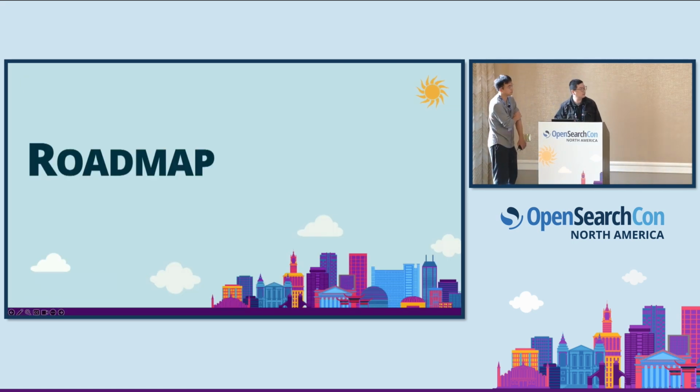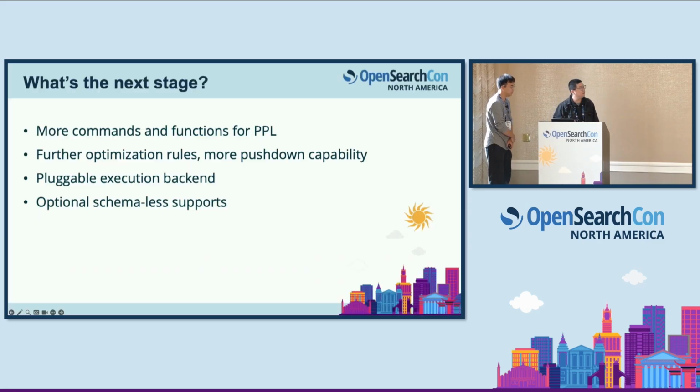Okay. For the roadmap, the next stage we want to introduce is to continue adding commands and functions in PPL. And we are also providing further optimization rules. This is our push-down rules and capability. Another thing we want to provide is a pluggable execution backend.